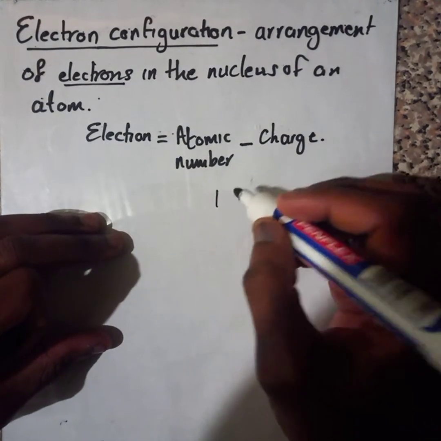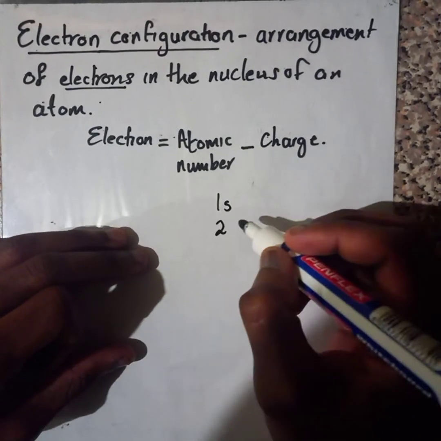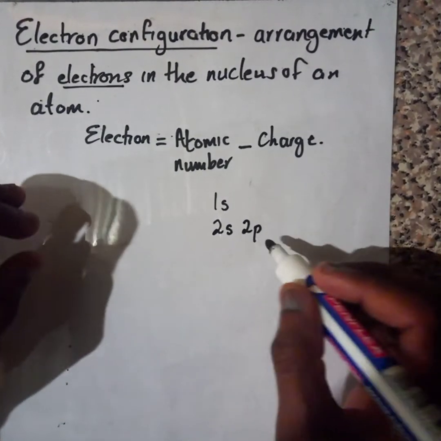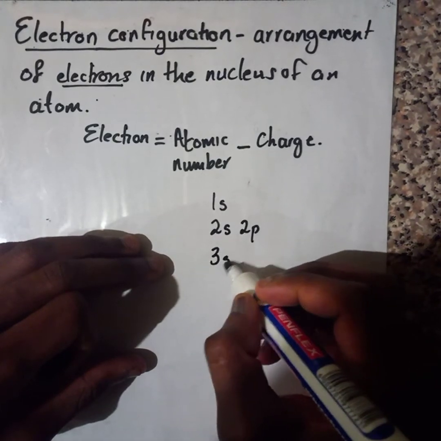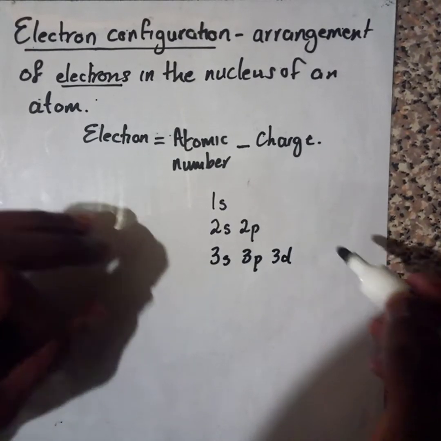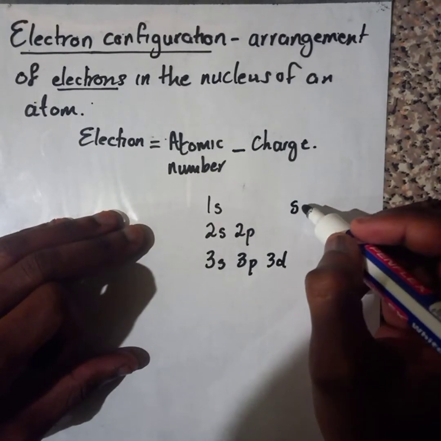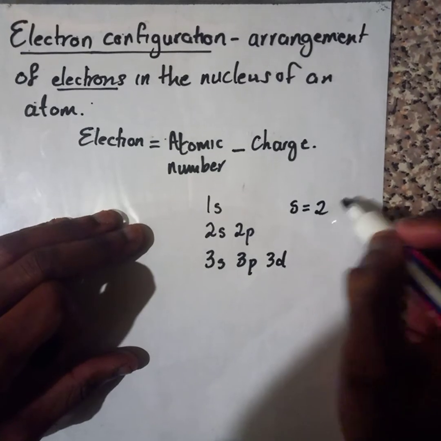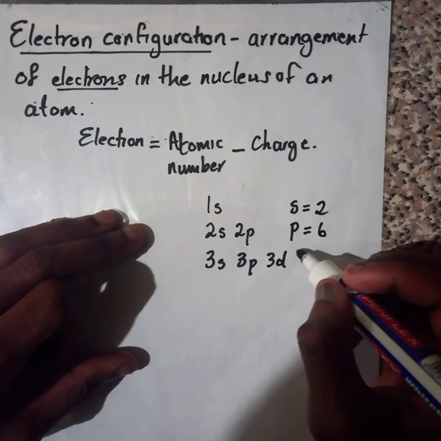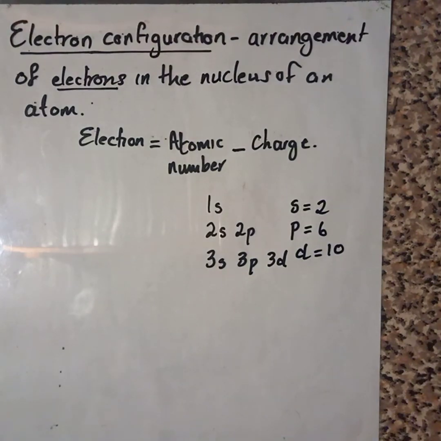We will have the first energy level with a subshell of S. We also have the second energy level with subshells S and P. Also the third energy level with S, P, and D. As learners, we must know that the subshell S can take a maximum of 2 electrons. Then P can take up to 6. Lastly, D can take up to 10 electrons.